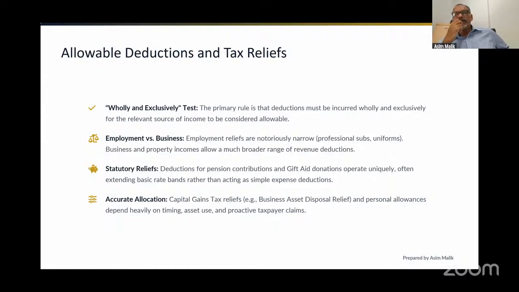But if the person is contributing towards a pension, or if the person is paying to charity, then your basic rate band will increase by 25%. And then you basically get less taxed. It only applies to individuals who are on the higher rate of taxation or on the additional rate. But this is something you can look into.